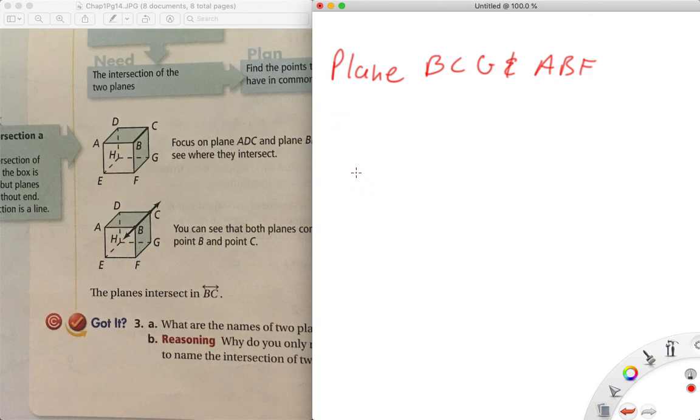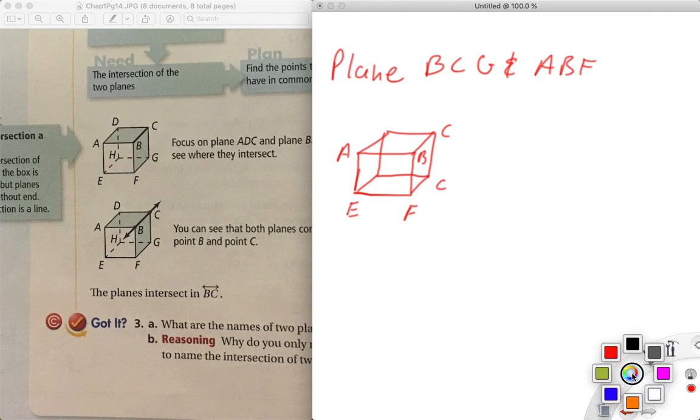I hate drawing cubes, but if I was to try to draw a cube, it would kind of look like this. Alright, it's not the best in the world. So this is A, E, F, this would be B, C, and G. So the two planes that are intersecting are going to form this line BF.